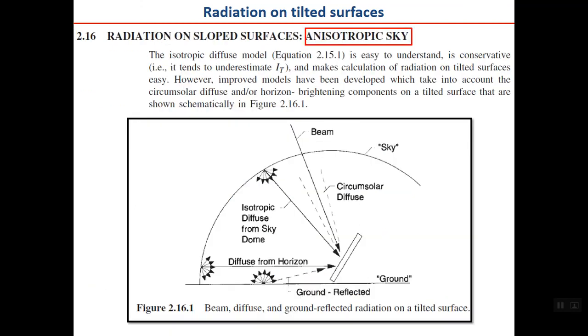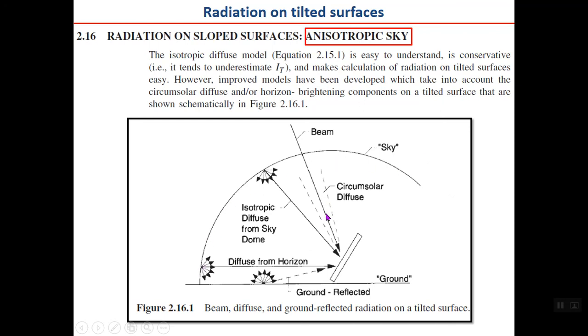The next method, as I told before, is the radiation on sloped surfaces by the anisotropic sky. In the anisotropic sky model, as you can see, this is the sky dome over the solar collector or solar panel. And in this model, the diffuse sky in all the sky dome is not considered the same.